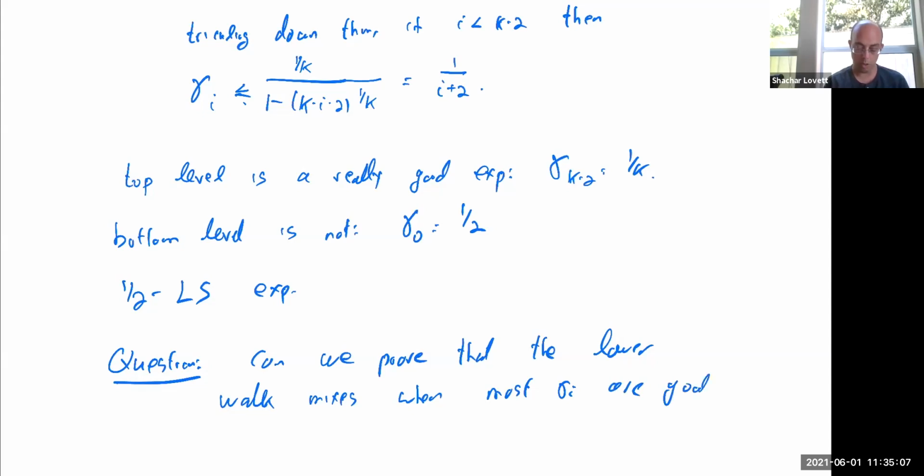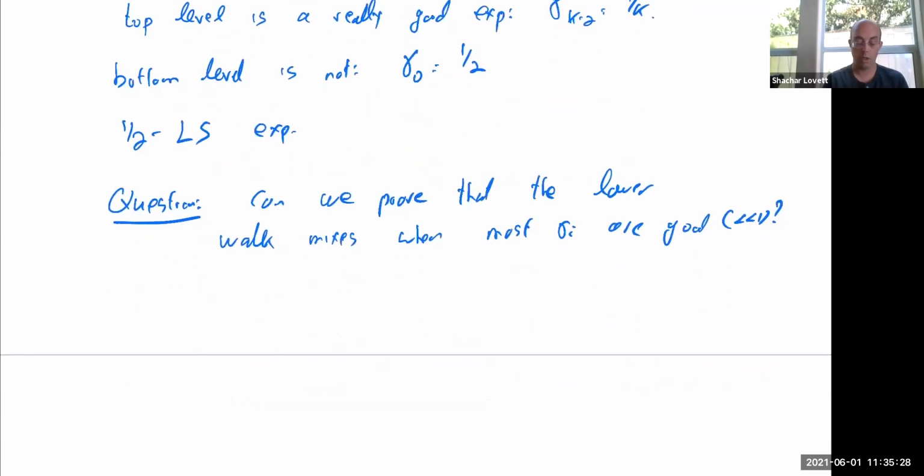And by good, I mean much less than 1. So what we want to say is, can we get a bound that doesn't depend on the maximal gamma i for all of them, like we saw before? If they're all almost 0, we're fine, this mixes fast. But what if most of them are very close to 0, but a few of them are bad? And it turns out the answer is yes, you can do that.